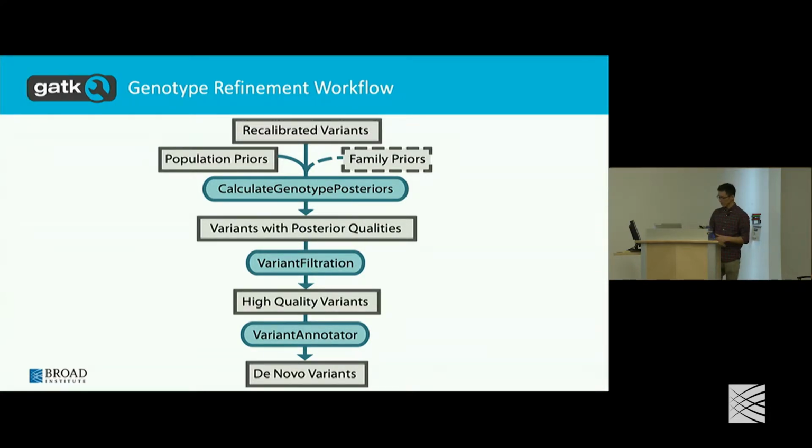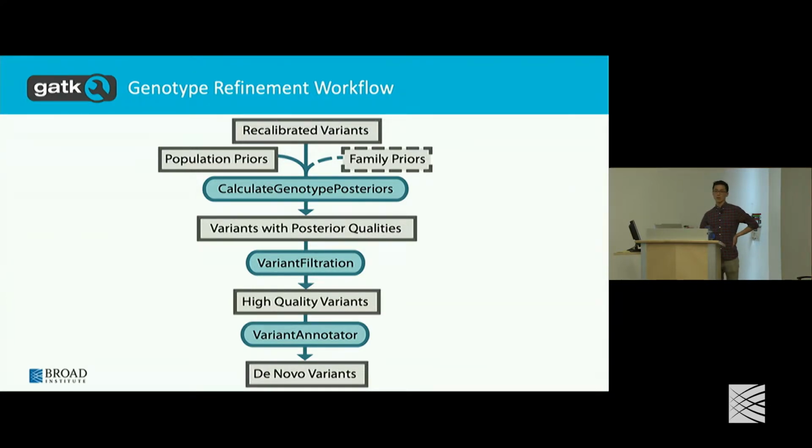Here's the workflow. We start with the recalibrated filtered variants, and we use the population allele frequency priors and, if you have it, the family trio information to get the posterior genotype probabilities. Once you have that, you can do some further filtration based on the posterior.